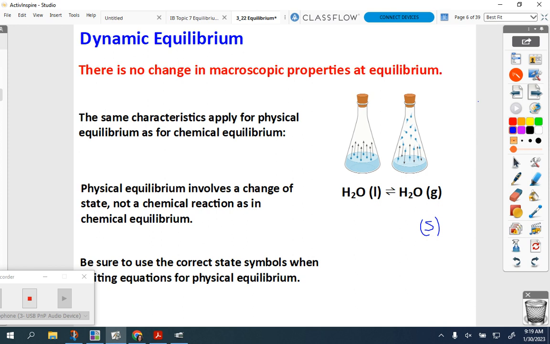Macroscopic properties can be things like the liquid volume. It can be a color change. It can be a variety of things that tell us that a reaction has happened or is happening. But those things are not going to be visible once we reach equilibrium, even though there is constantly evaporation and condensation happening. This is a dynamic system. Things are still moving, but we're not able to see a change by eye. So that is what they mean by there's no change in macroscopic properties.